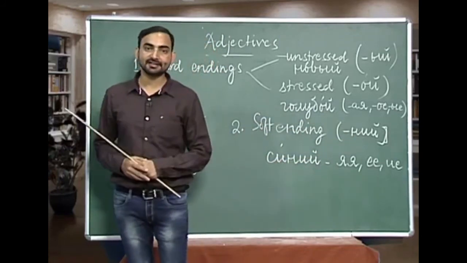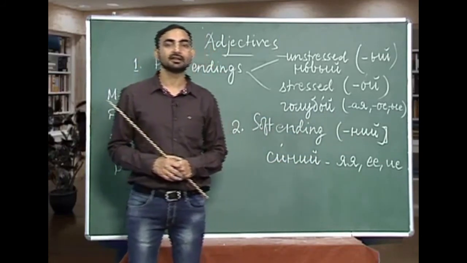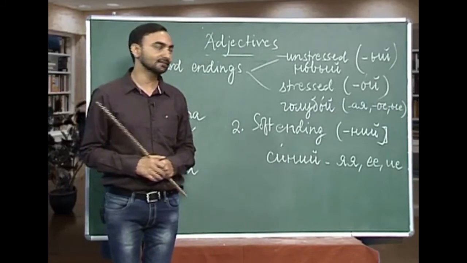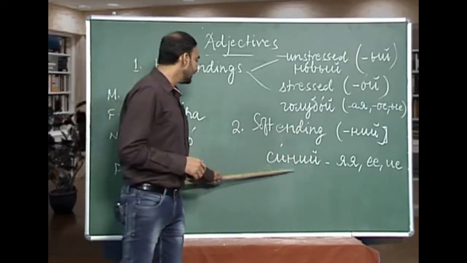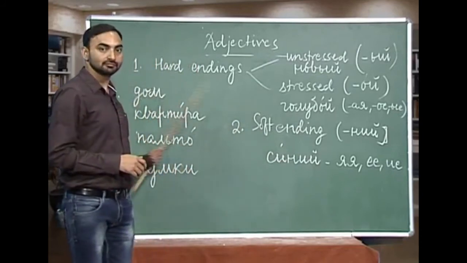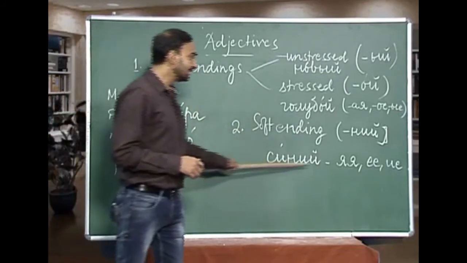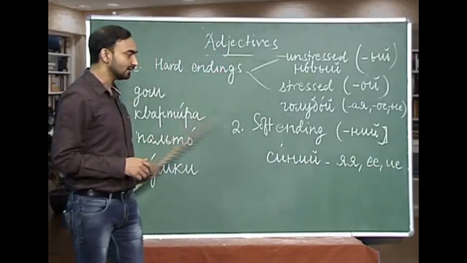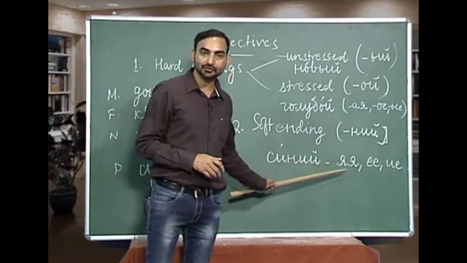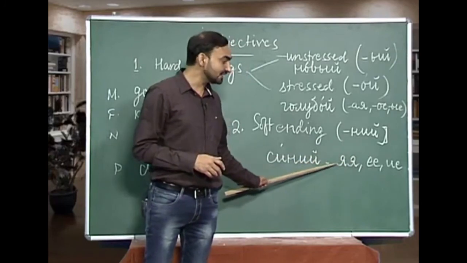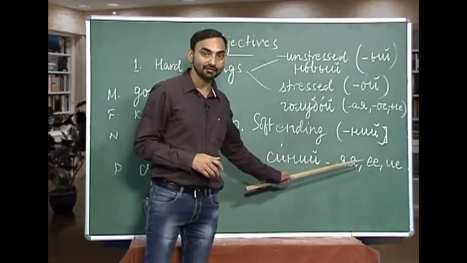And how do we change its form with the different genders and number? Seeny dom, blue house. Seenaya kvartira, and you have to remember here that we are not using aya, we are using ya, soft vowels.